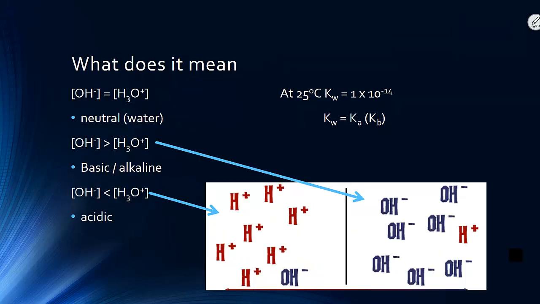However, as long as we are at 25 degrees, then our equilibrium position for the self-ionization of water is a constant. So if I know the concentration of hydroxide, I can determine the concentration of hydronium by simple algebra, because 1 times 10 to the negative 14th has to equal the hydroxide times the hydronium concentration.